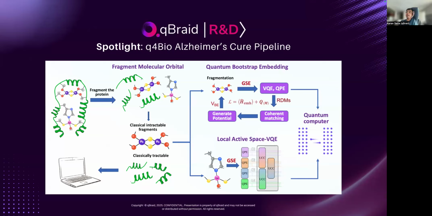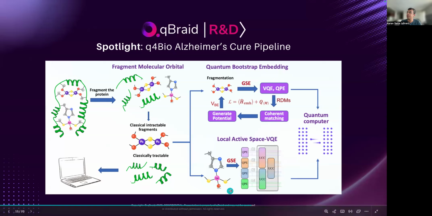What we do is we actually chop the protein into smaller pieces, and most of the protein is not that hard to understand and could be understood with just classical algorithms. There are only a few pieces, which is where the protein interacts with the metal ion, that get sent to the quantum pipeline.